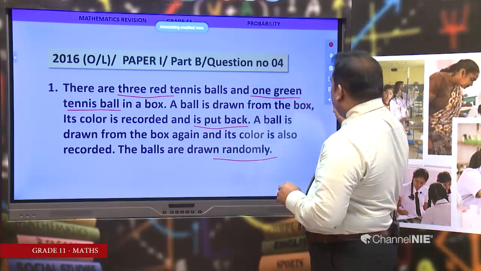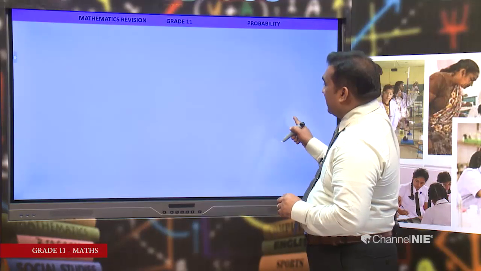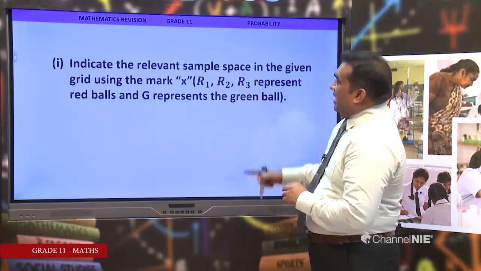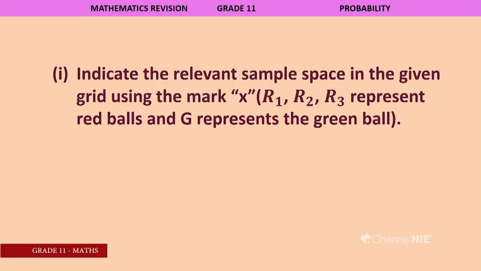Okay, indicate the relevant sample space, the total outcomes of the random experiment, in the given grid. The grid is a Cartesian plane.